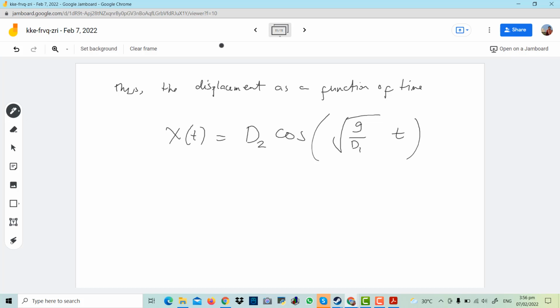Based on this, we can solve for velocity. So this will be my displacement, or my position.